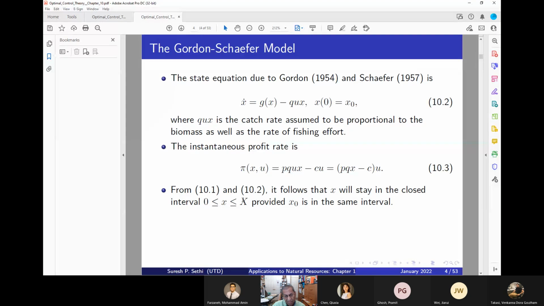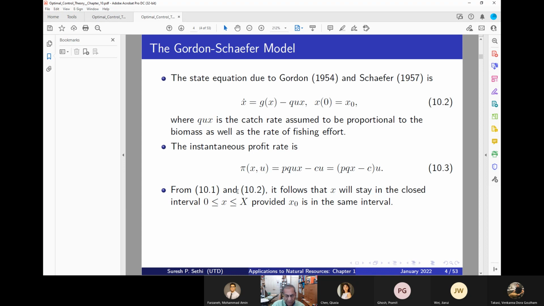And this doesn't have to be imposed, because if I begin with any X, I'm going to stay. Because if X is 0, then, oh, that's not quite true. If X is 0, then this is 0, so X dot is 0. So if X is 0, there's no fishing, nothing is going to happen, everything is 0 all the way.